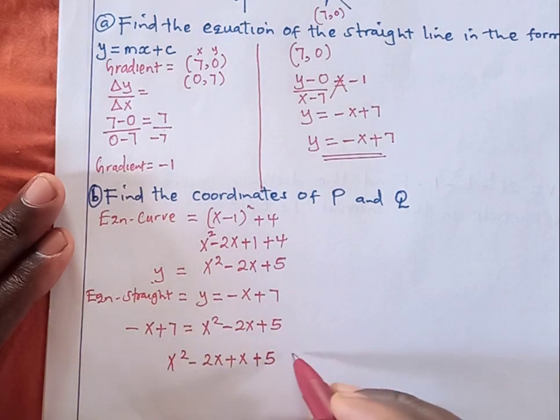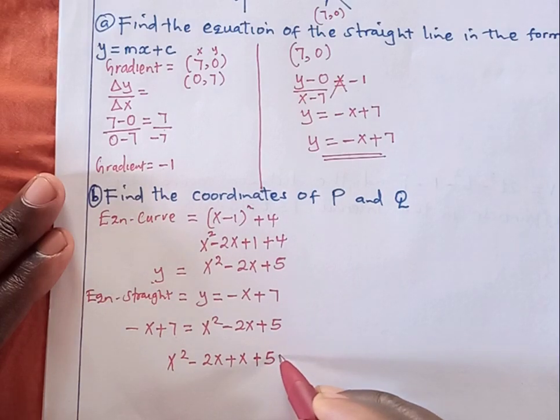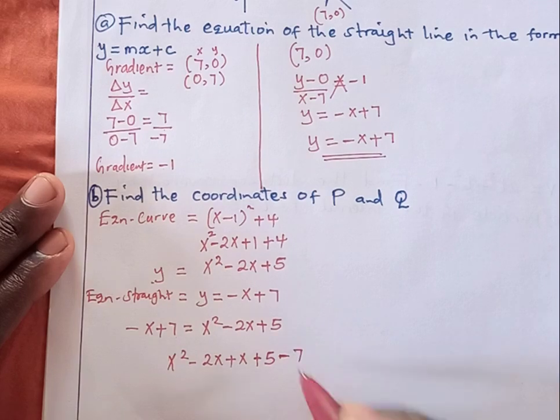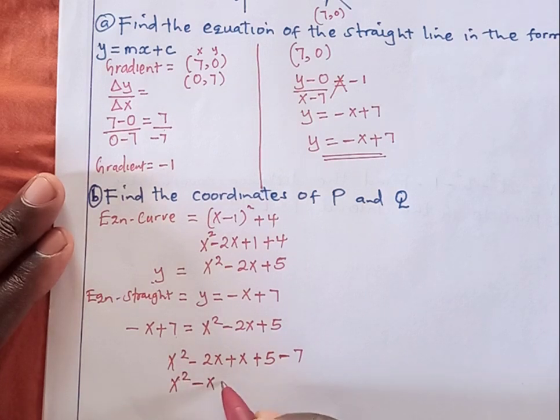This is plus 7; when it goes to the other side, it becomes minus 7. Let us work out the arithmetic here. x squared, this is minus x, then minus 2.